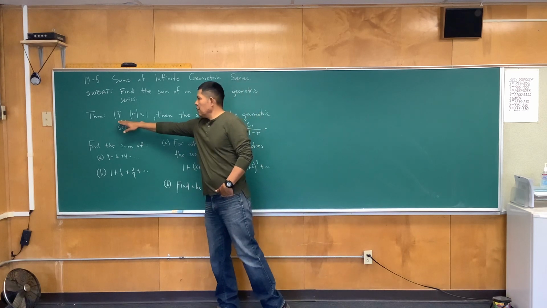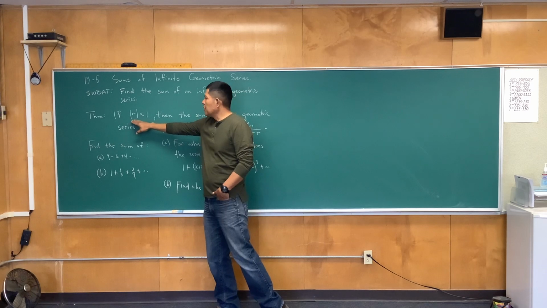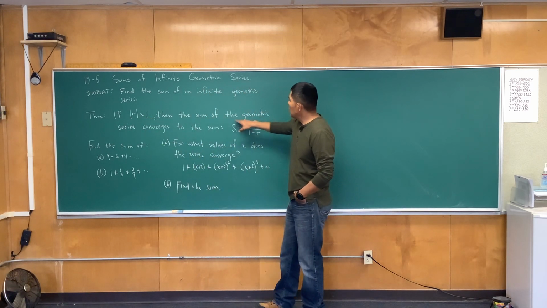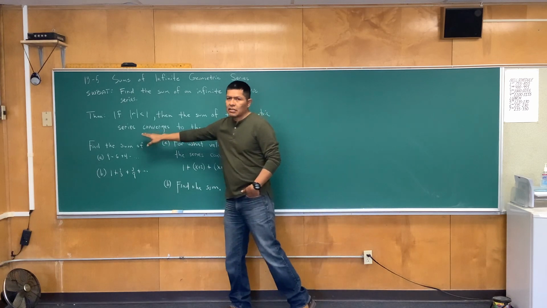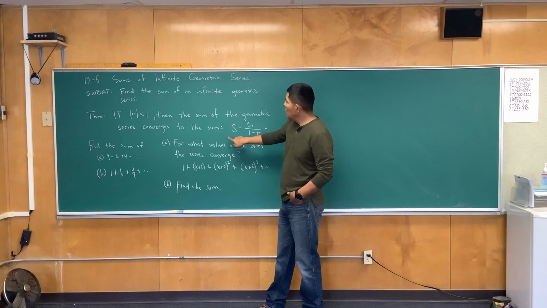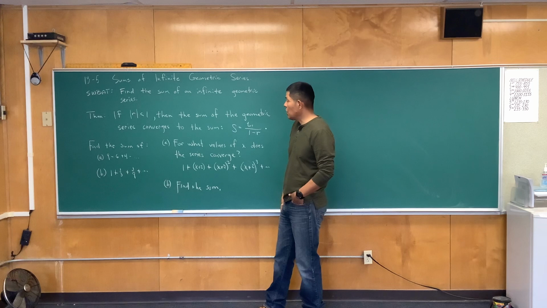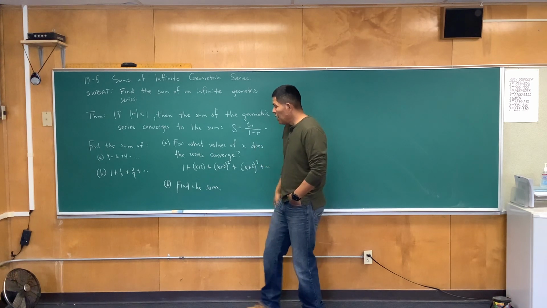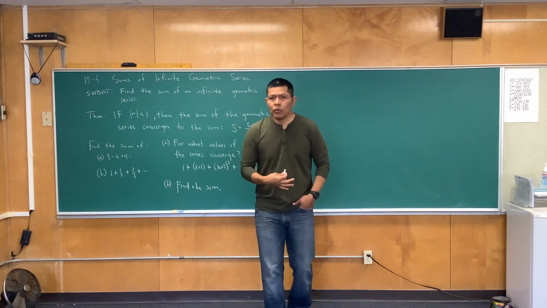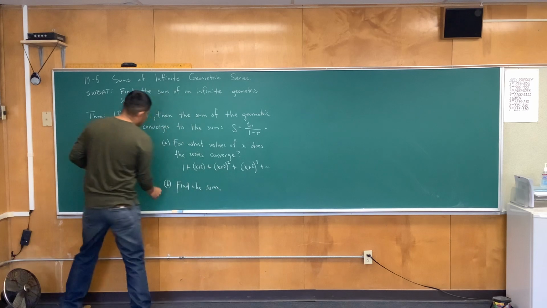It says if the absolute value of r is less than 1, then the sum of the geometric series converges to the sum s is equal to t sub 1 divided by 1 minus r.